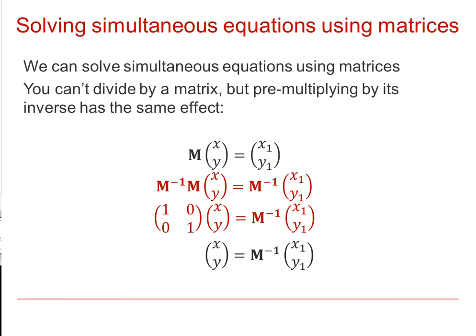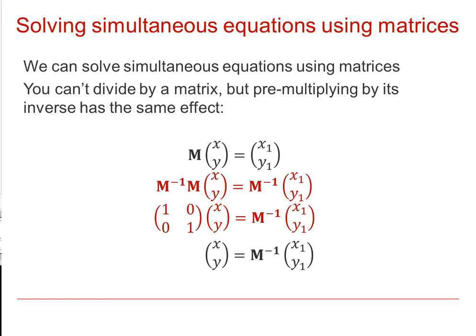You can't divide by a matrix, but you may remember from previous videos that pre-multiplying by its inverse has the same effect. So here we have a matrix M acting on a coordinate point (x, y) to give an image (x1, y1).